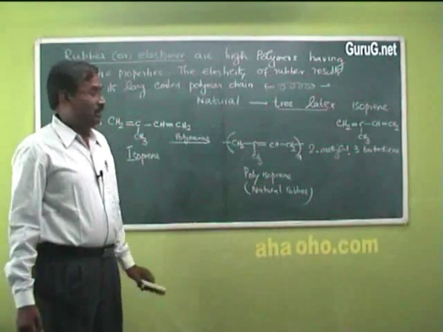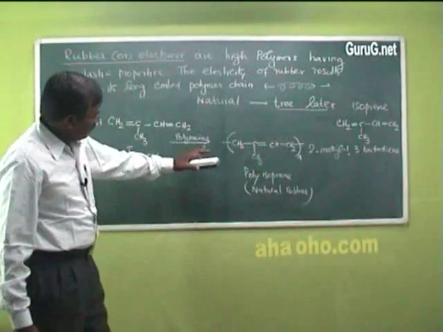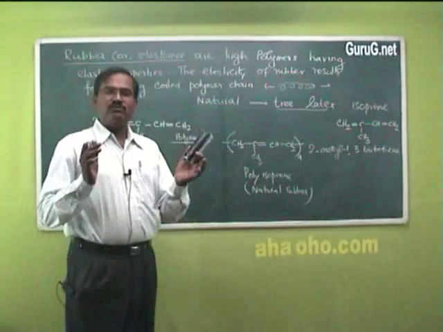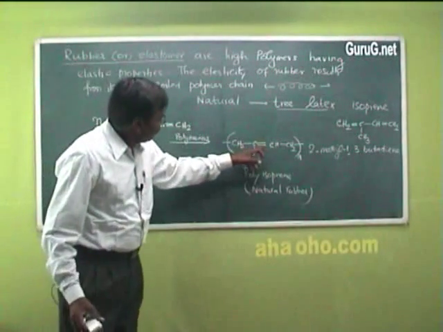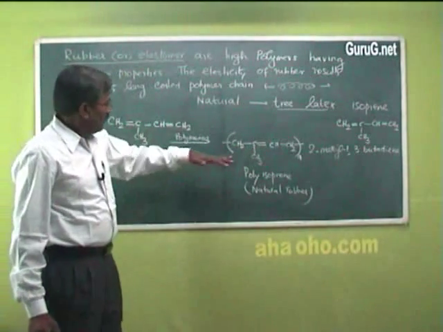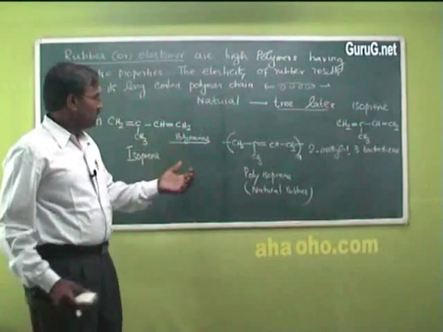It is natural rubber. Although the repeating unit of natural rubber is this one, when we see the actual geometry, the geometry differs. Because of the presence of the double bond, there is a chance for geometrical isomerism. Here this natural rubber has cis configuration.